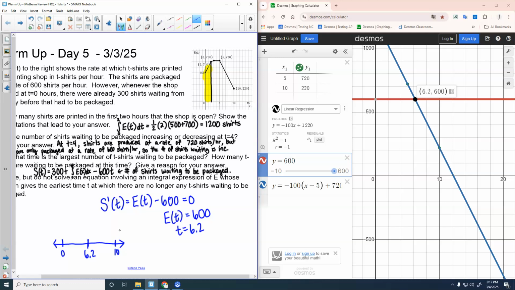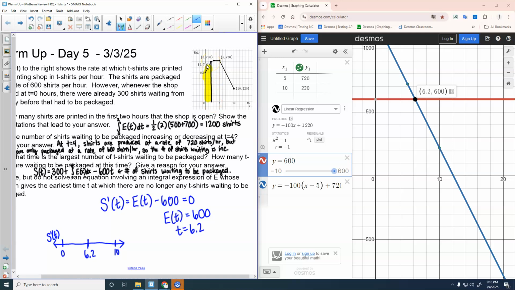Our graph doesn't exist past 10. So for S prime of t, if we're plugging in a number between 0 and 6.2, let's say we pick 1 or 2. Let's go with 2 because it's a whole number, or it's a point we've got.